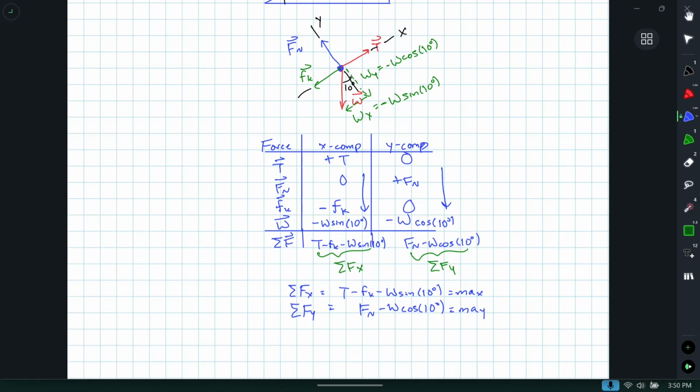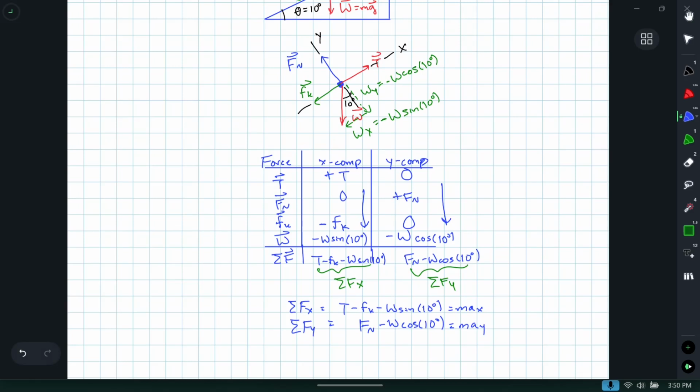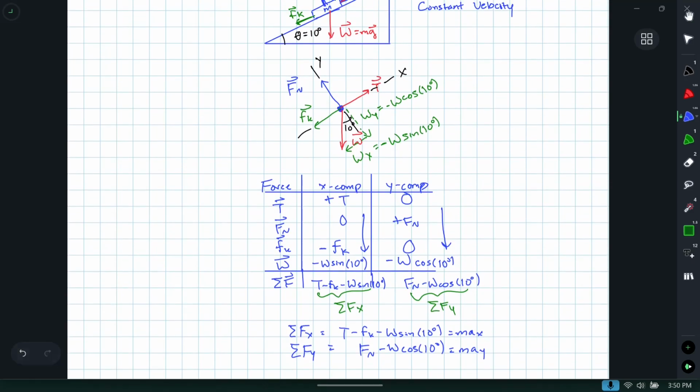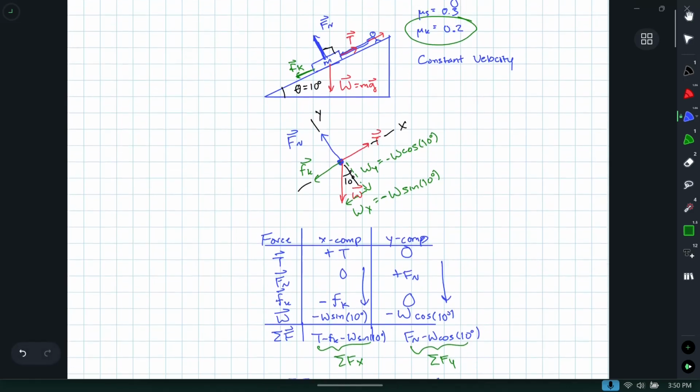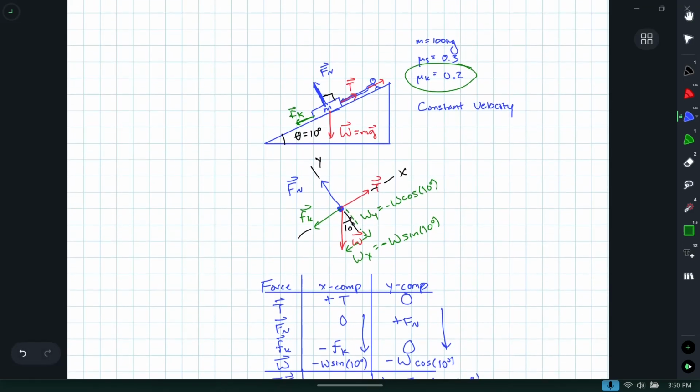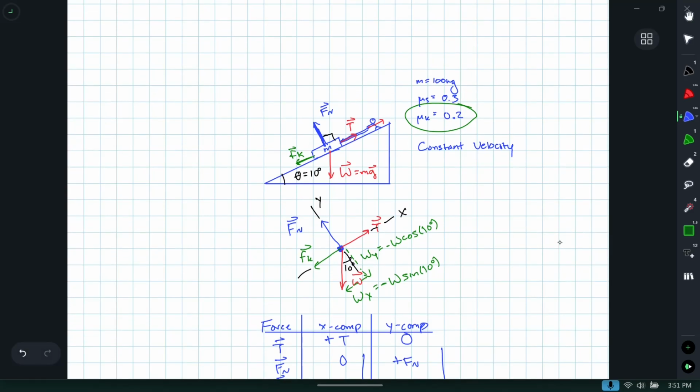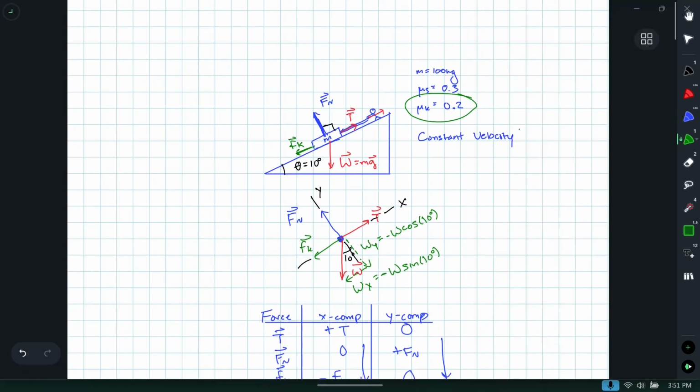And right about here is where I start to think about the specific problem rather than the general procedure that I use to do any forces problem. Because I have equations now, but I need to start thinking about this situation. In this situation, the acceleration is going to be 0 for both directions because, in the full problem statement, it would have said constant velocity.